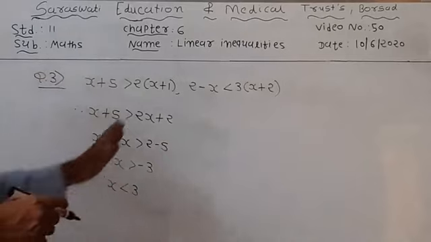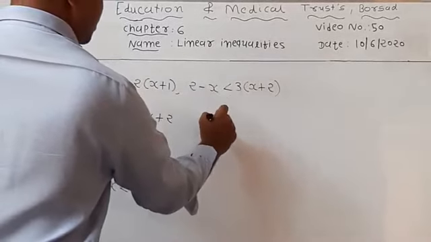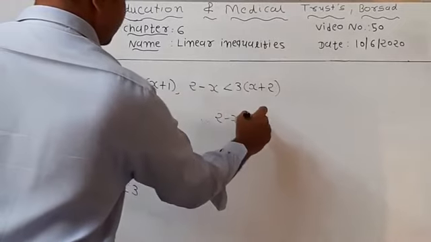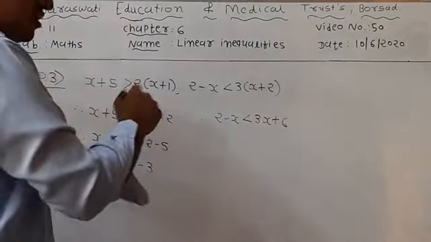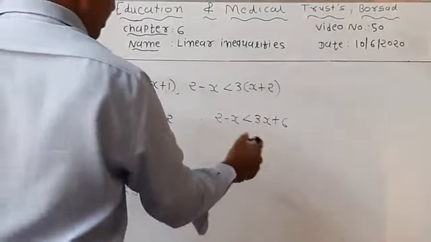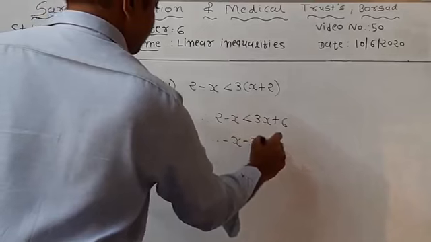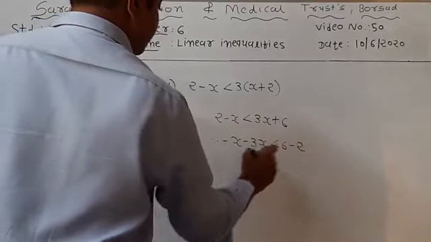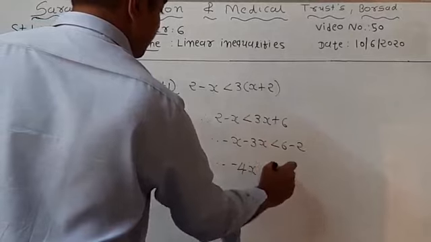Now in the other inequality, 2 minus x less than 3x plus 6. Write 3x on this side and 2 on the opposite side. So minus x minus 3x less than 6 minus 2, minus 4x less than 4.